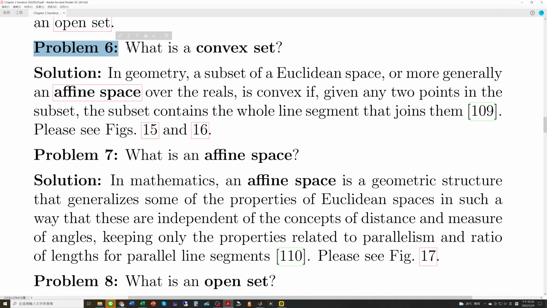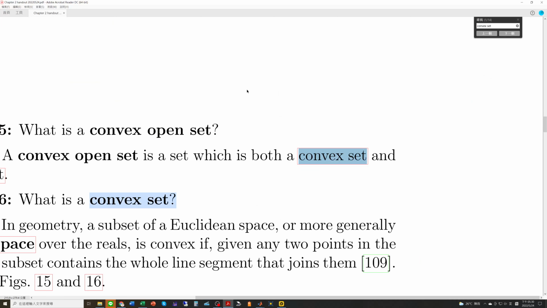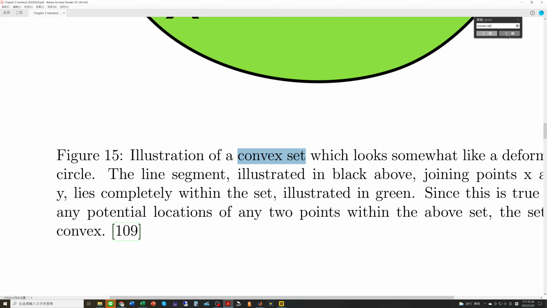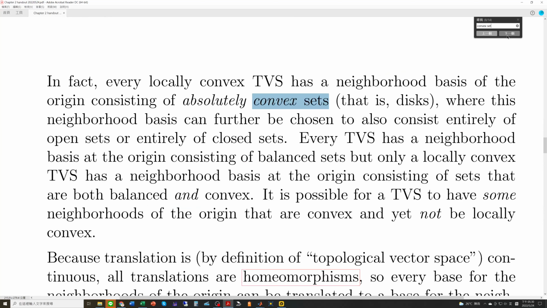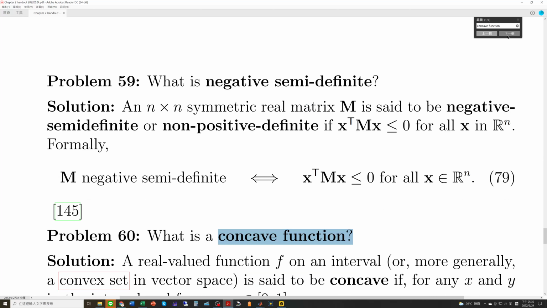Okay, what is a convex set? Okay, so let us go back to the place. Okay, convex set. Oh, I think we can search for concave function. It is faster. Okay.